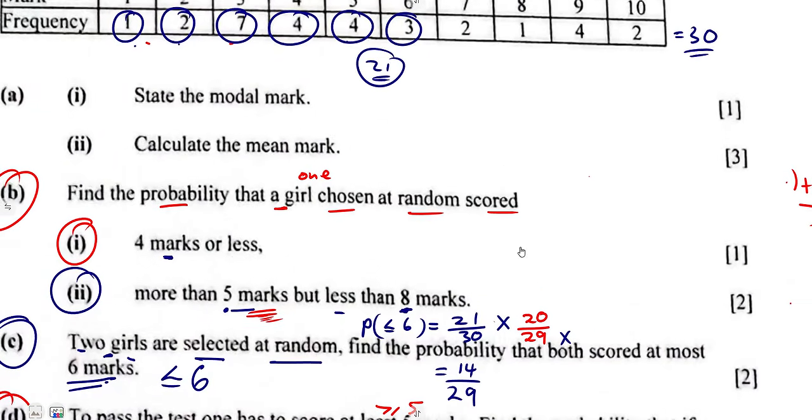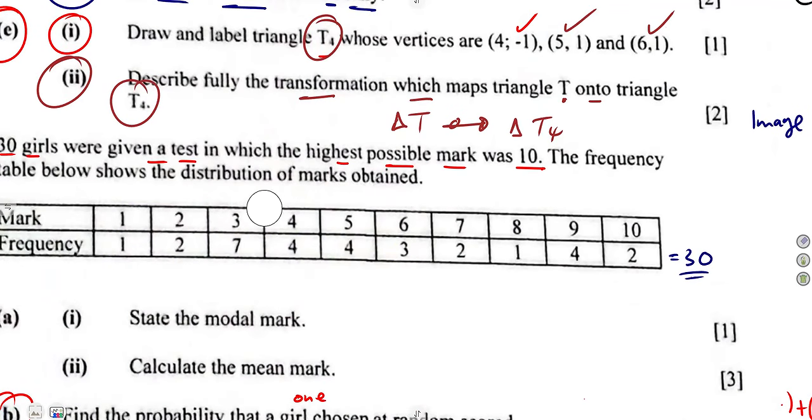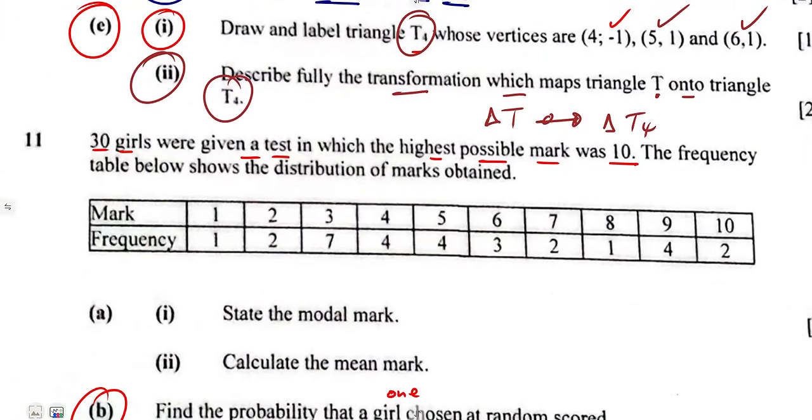So how many obtained greater than or equal to 5? You're considering from our diagram the mark 5, greater than or equal to 5 is included, 5 going up. These are the ones who passed the test. So you add 4 plus 3 plus 7 plus 1 plus 4 plus 2, the frequencies.